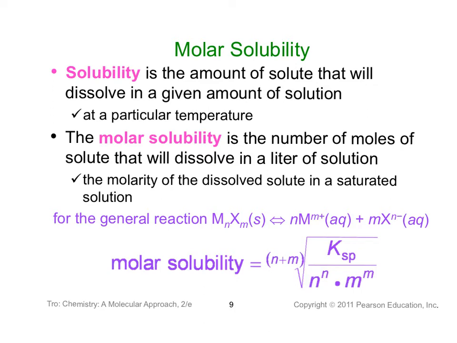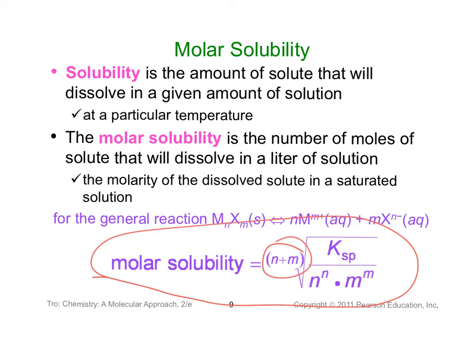So this is just a rearrangement of that equation before, right? So taking whatever the root is here of the two exponents, dividing Ksp by the n and m, and taking again that root.